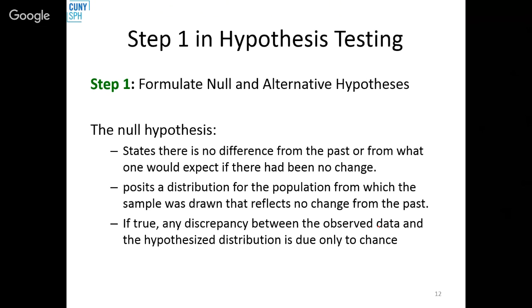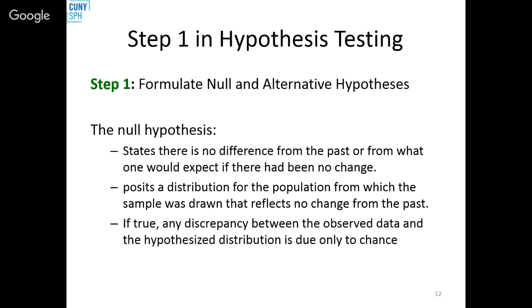If this null hypothesis is true, then any discrepancy that you see between your observed data and that hypothesized null population is only due to chance. It's due to sampling error.